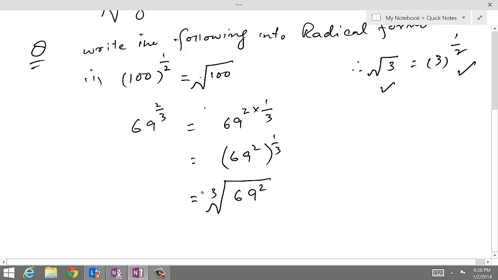This is what determines the number of roots, and this is the third root. And what is the index here? That would be 3.